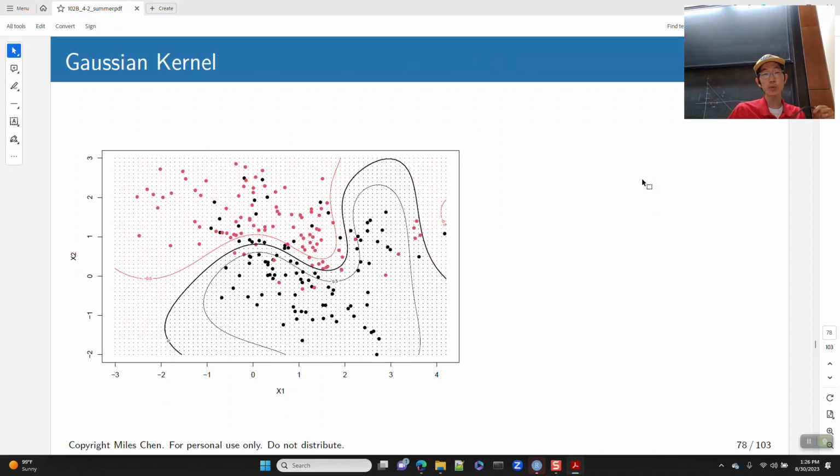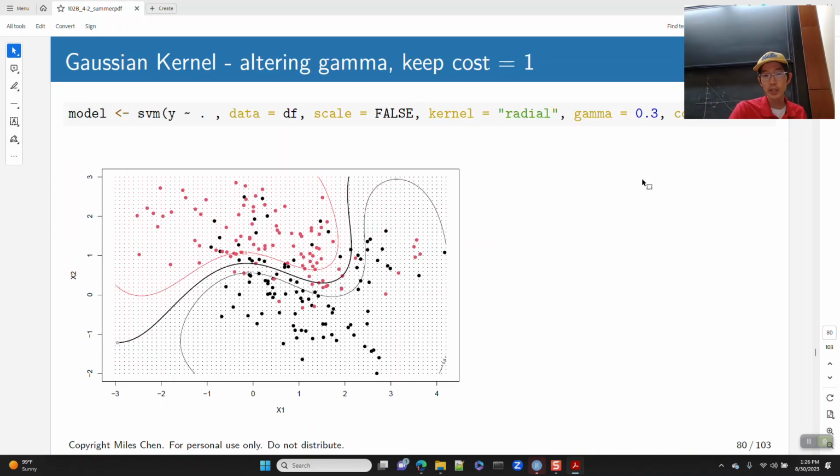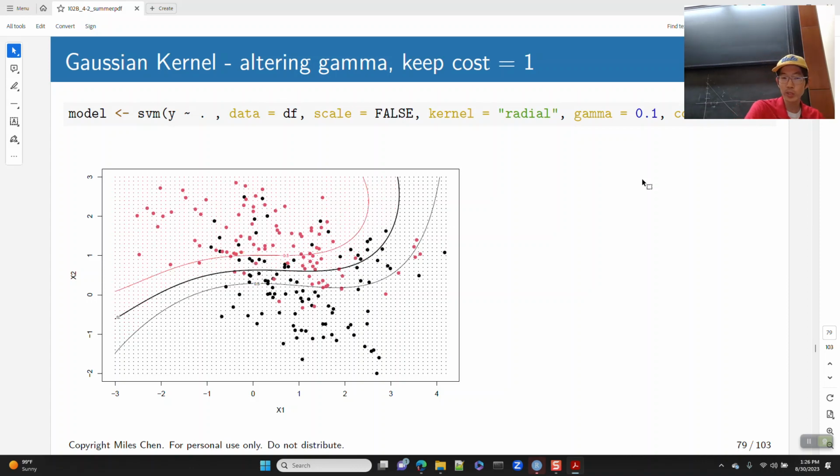Here with gamma equal to 0.5, I have a little bit more flexibility. And here's gamma 0.1, very little flexibility. The cable's very resistant to making turns, and so you have only smooth curves here.